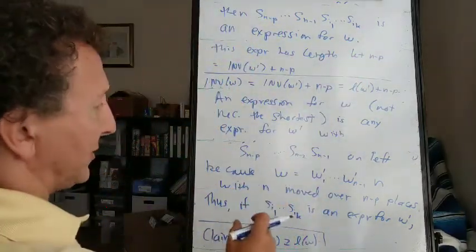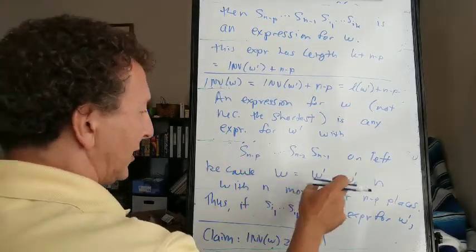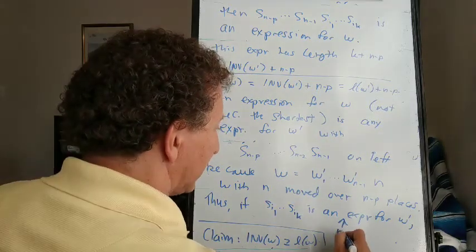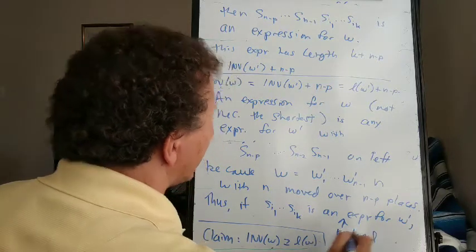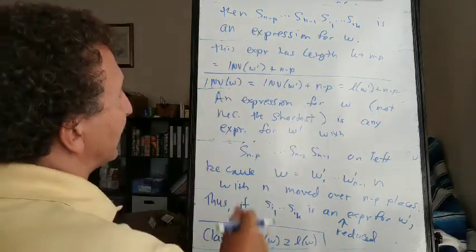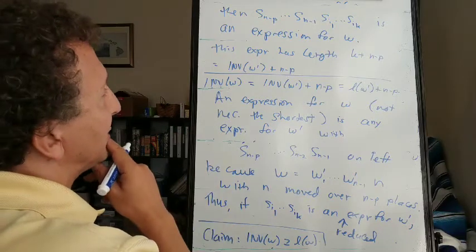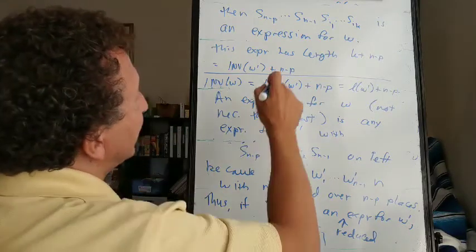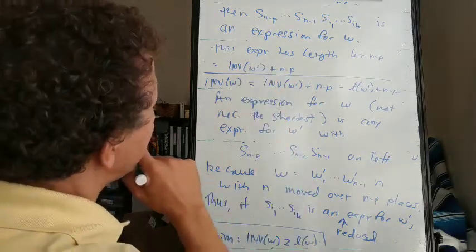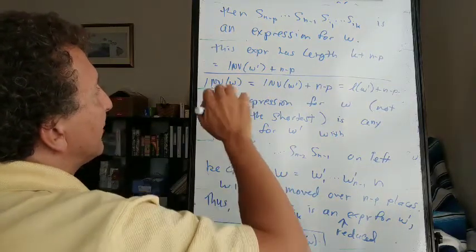So since W prime is in the n minus first symmetric group, we can choose this expression for it, so this is reduced. Of course, even if it weren't reduced, this would give us an expression for W. But let's assume it's reduced so that we can see how long our expression for W is. So this expression has length of the reduced expression for W prime plus n minus p. But that is precisely the number of inversions in W.